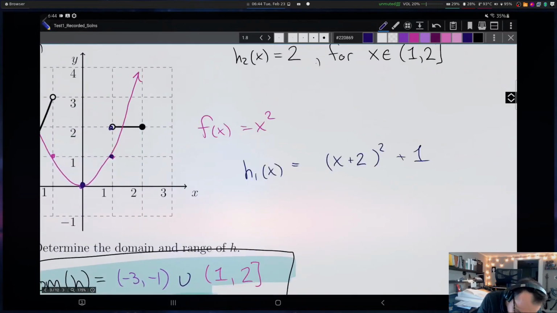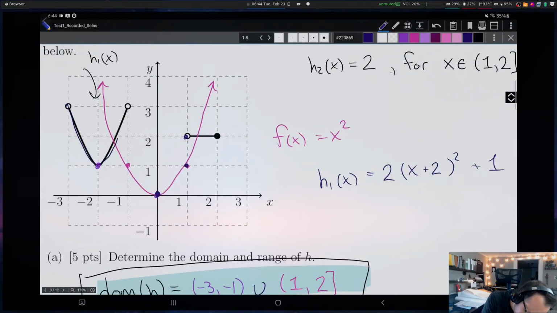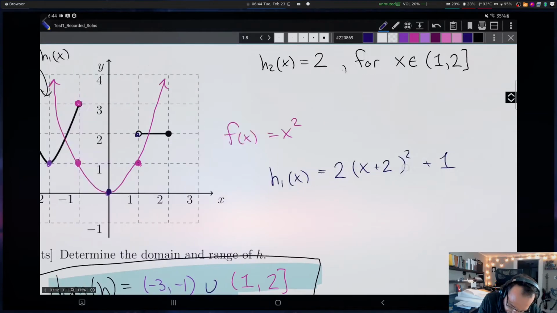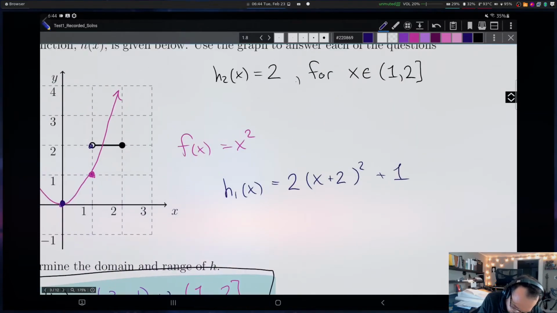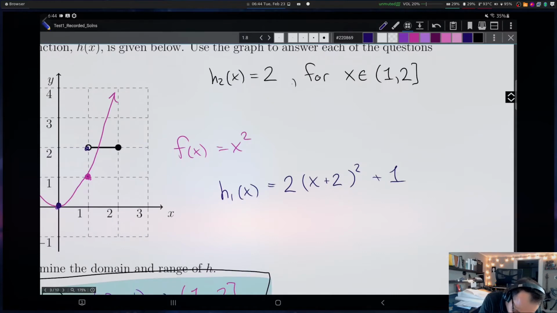So okay, the long and short was that if I just stretch this function vertically by 2, I can get this kind of shape, where I've moved these 3 special points. So this special point got moved to this special point, and this special point got moved to that one. Okay, so I have the two pieces for it. I need to tell the reader now where to do this h1 business.